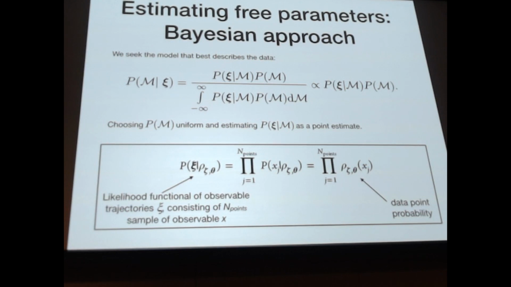And the way we do this in practice is written here. So we're going to estimate the likelihood functional here of the trajectories given a probability density estimate. And we assume that all the points in the trajectories are independent, which is a strong assumption. But it is also present in histogramming, and we take care of taking independent samples in our simulations by decorrelating the samples we use.